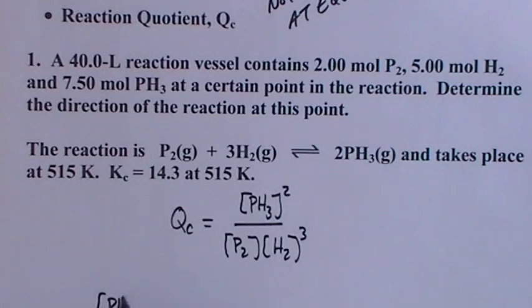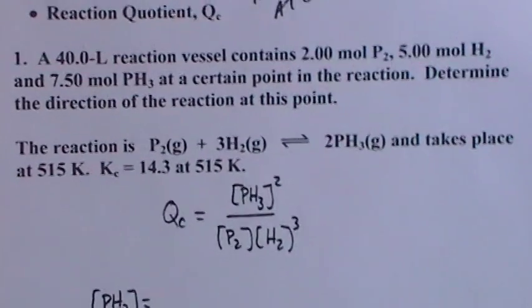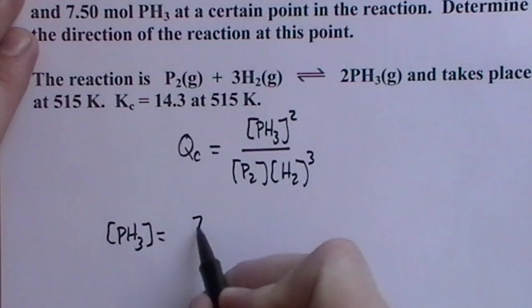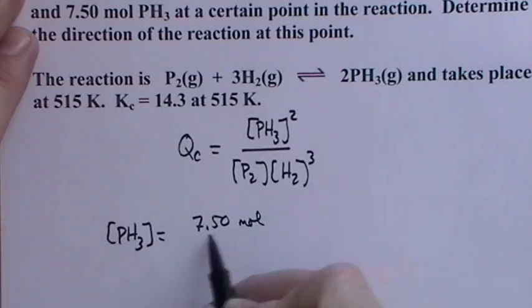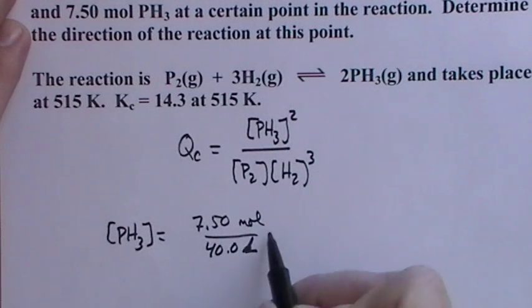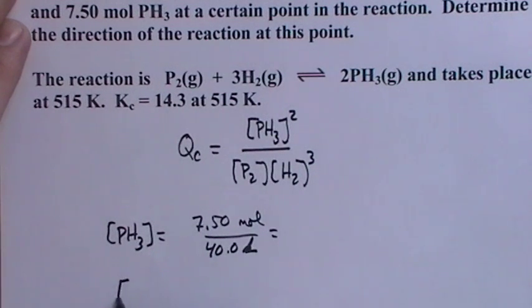Let me see if I can fit everything on here. So for phosphine, it says that we have 7.5 moles of this over a 40 liter container. I know these next two aren't going to be on; I'll shift them up in a second.